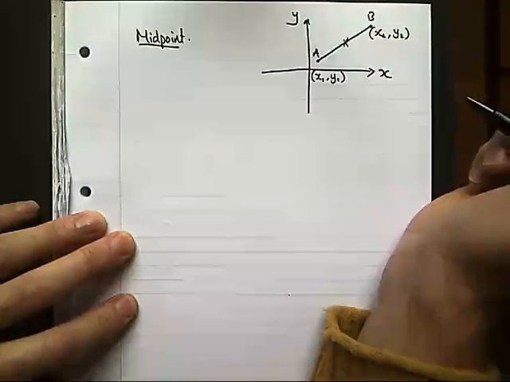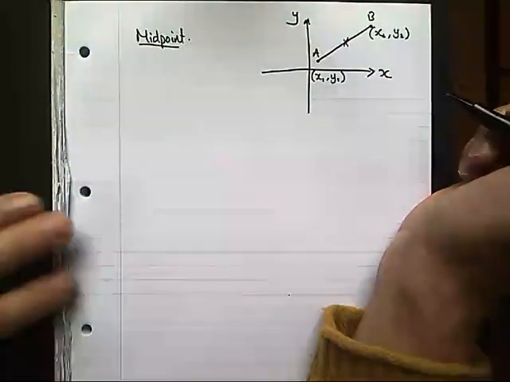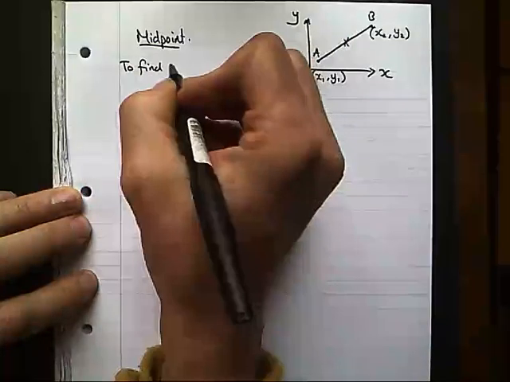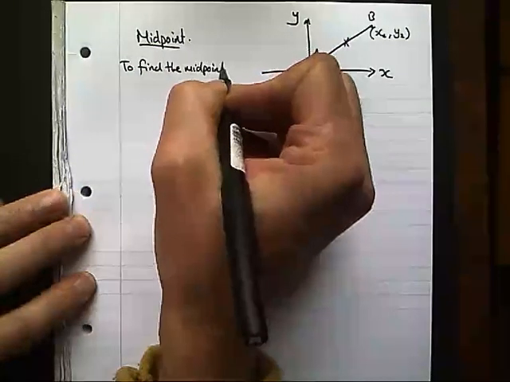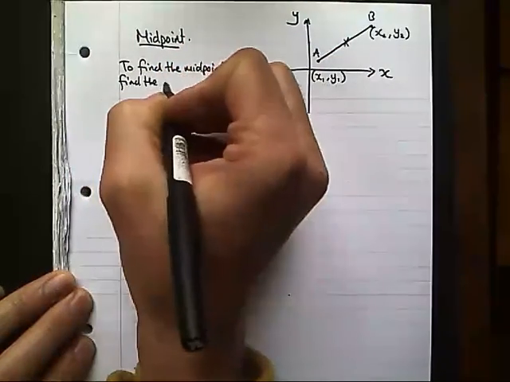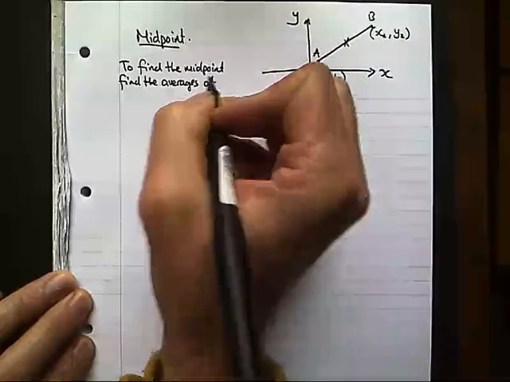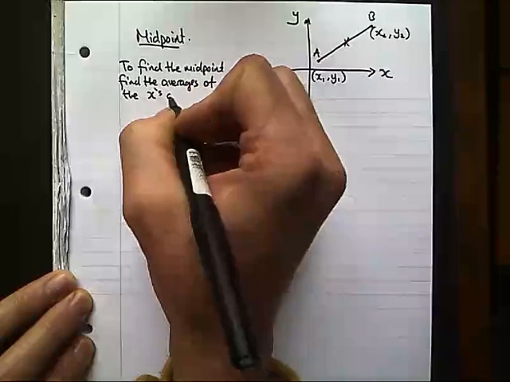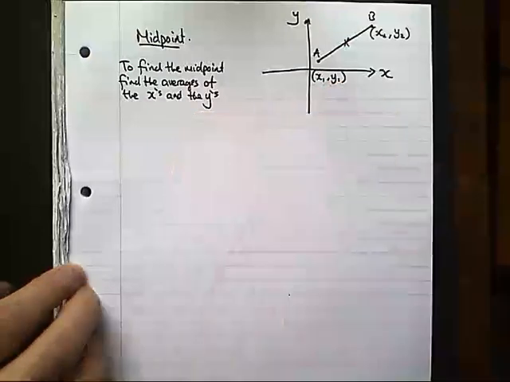Okay, so it's pretty straightforward to find the midpoint. To find the midpoint, find the averages of the x's and the y's. Okay, so when I mean averages, I mean the mean.